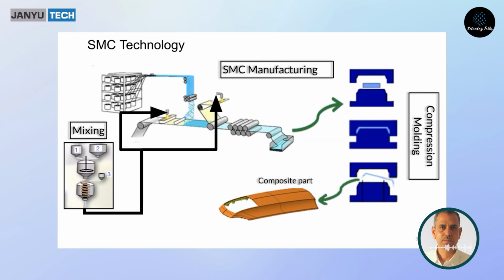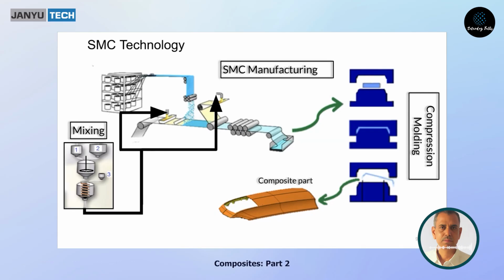Then another film gets coated from the upper doctor box. Then the chopped glass fiber, this chopping maybe 12.7 mm, maybe 25 mm, maybe 37.5 mm, maybe 50 mm, depending on the product requirement, both during manufacturing and during end use application.